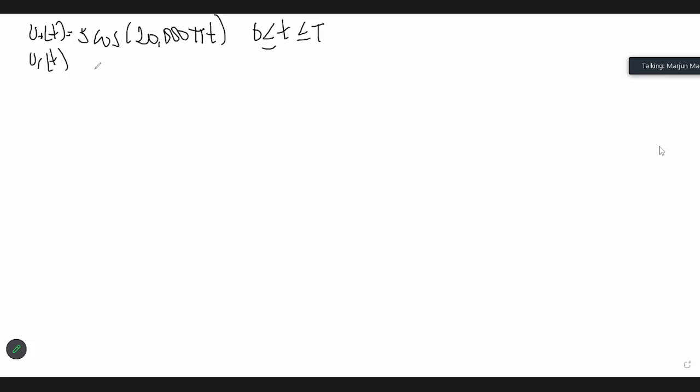We have our given u sub 0 of t is equal to 5 cosine 20,000 pi t, where t is greater than or equal to 0 but less than or equal to T, and u sub 1 of t is equal to 5 cosine 22,000 pi t.